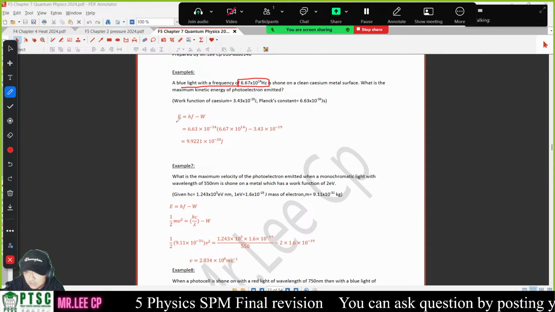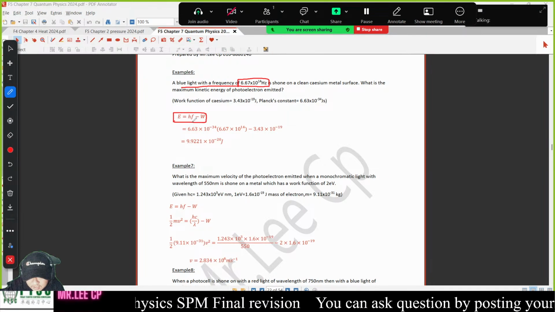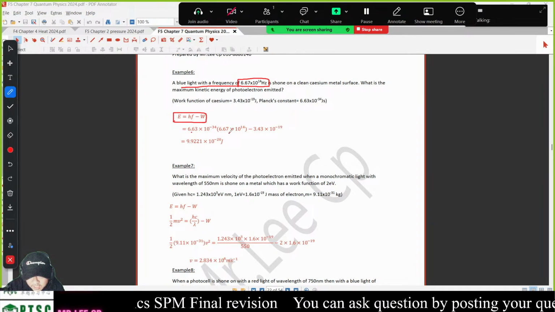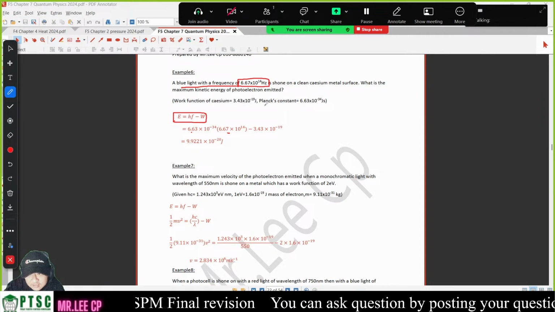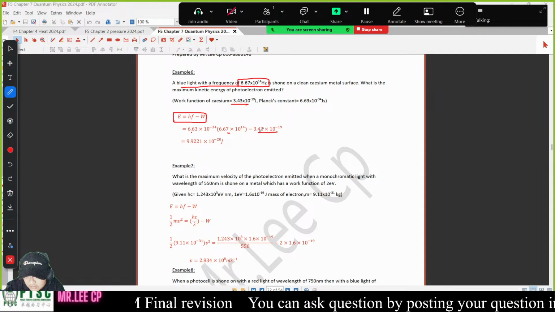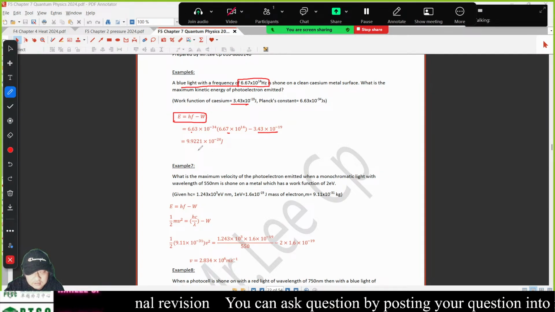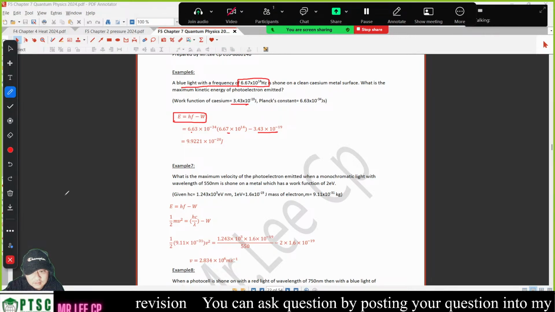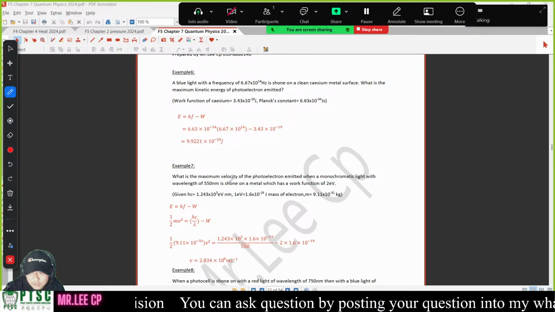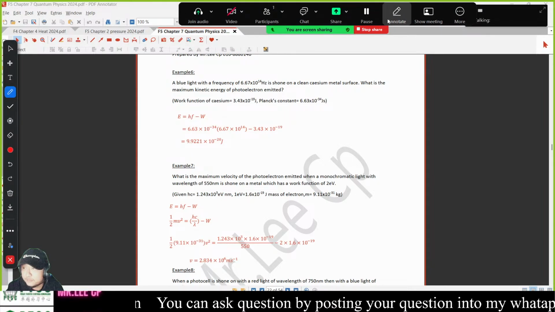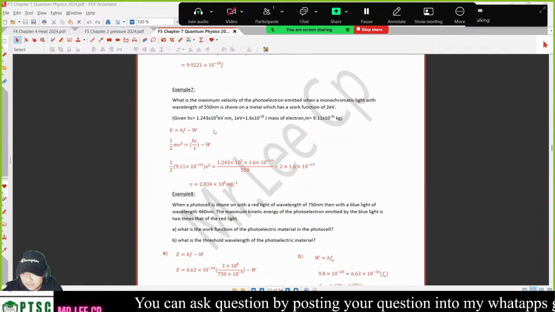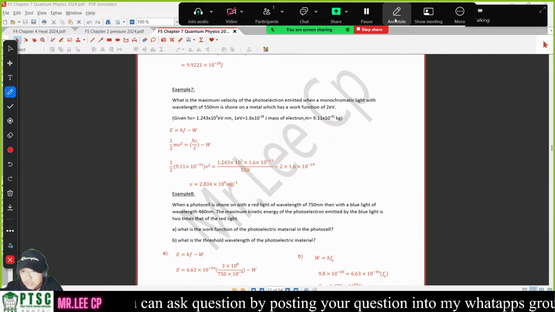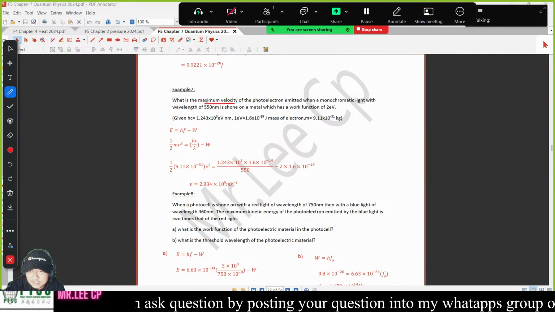You know that you got this formula, so hf minus W, where W is work function. You put it in, then you get the answer. If the question doesn't give it, like the question like this. Now, what is the maximum velocity?